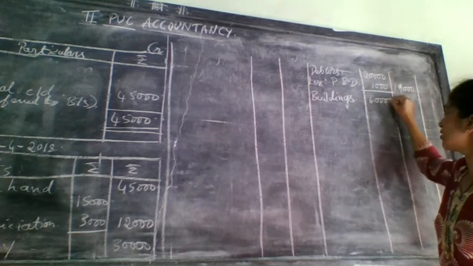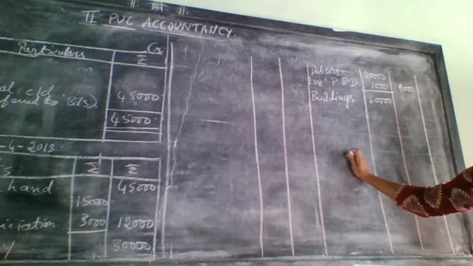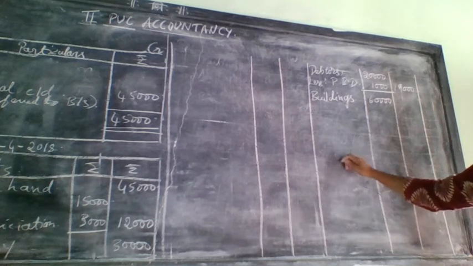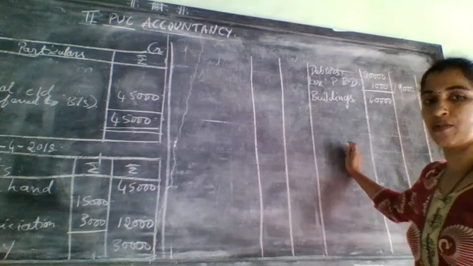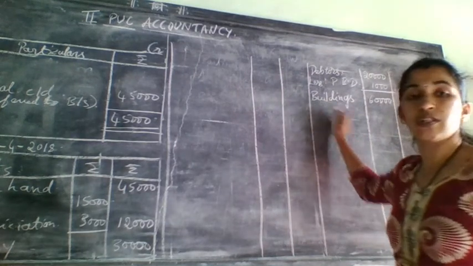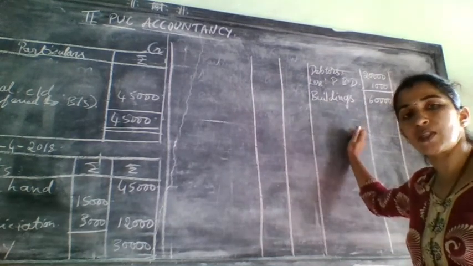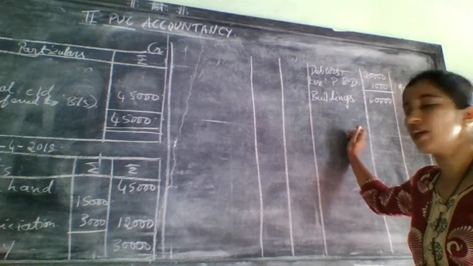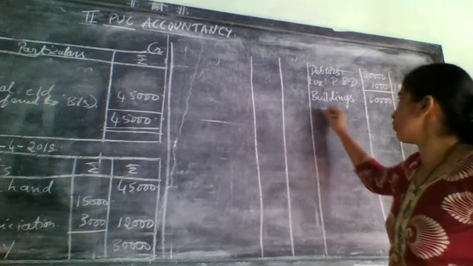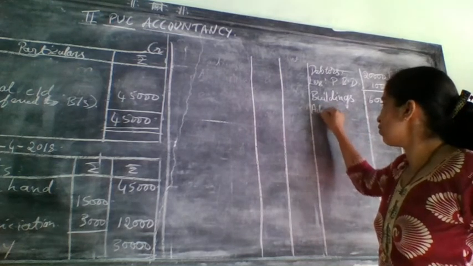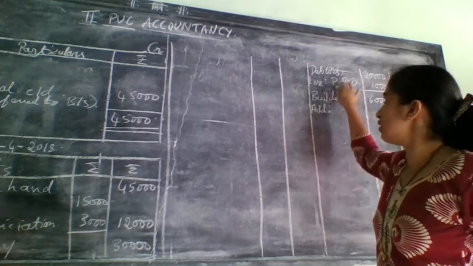How much? 60,000. Adjustment was how much? 12,000. Correct? Whether it is appreciation or depreciation, here they have given appreciation. Appreciation means it will increase the value of the asset, so it should be added.